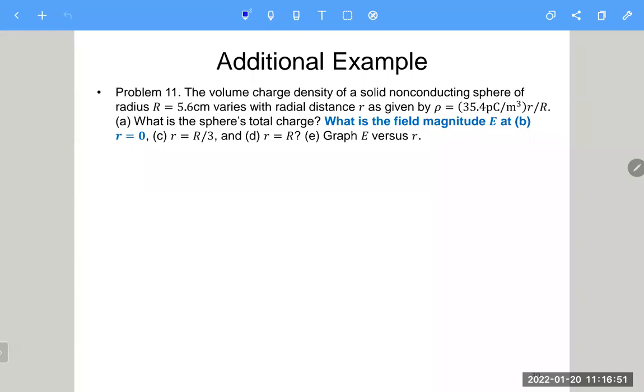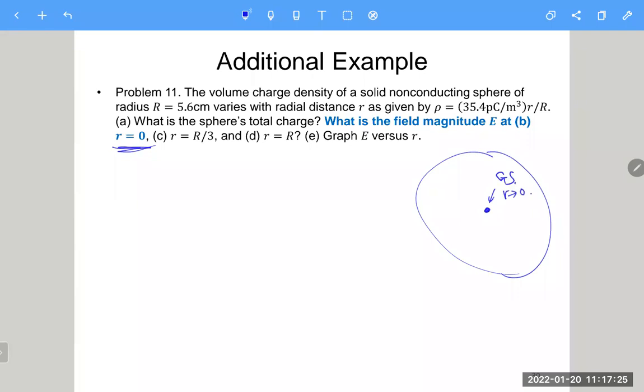For this chapter about Gauss law, you can simply imagine we need to use Gauss law for the remaining part of this example. So for part B, when R equals 0, you can imagine you have a sphere like this, and then you draw a very small Gaussian surface, and R tends to 0.